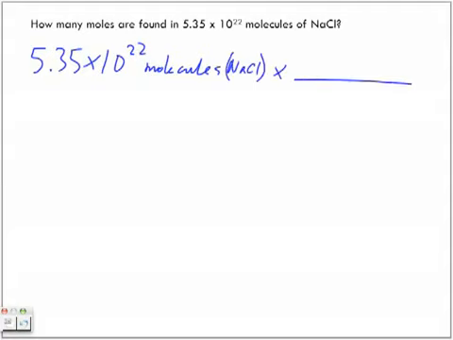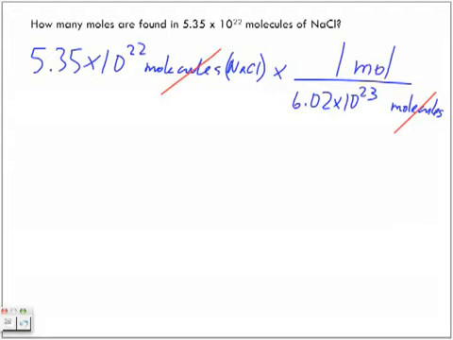So we want to cancel out molecules. We don't want those units. So we're going to put molecules here at the bottom. And so now we're going to cancel out molecules. And we know that we have 6.02 times 10 to the power of 23 molecules in 1 mole of something. Because we're being asked to find how many moles.